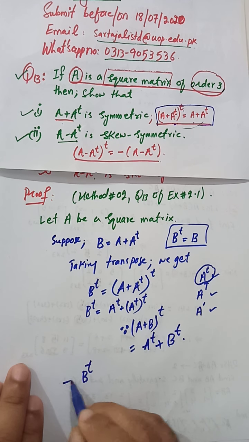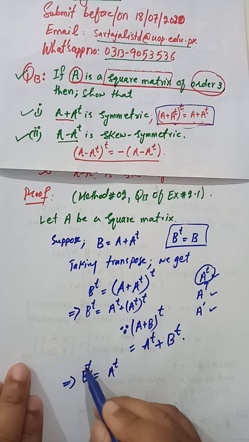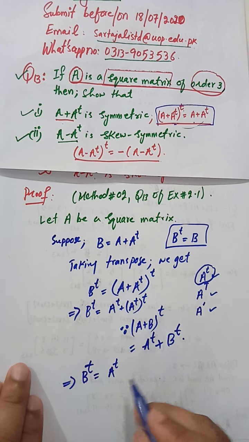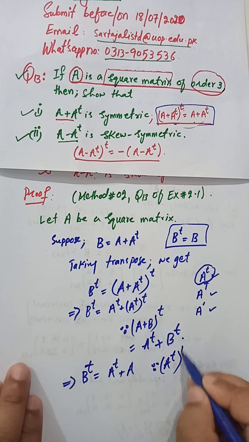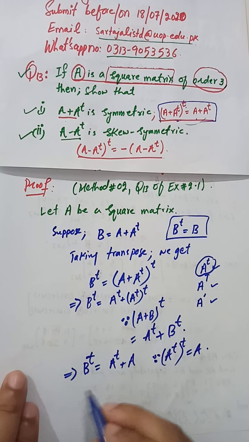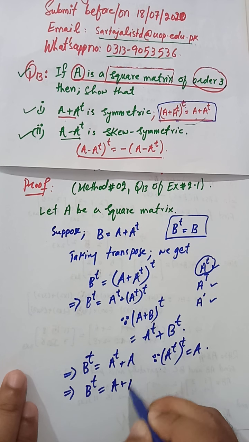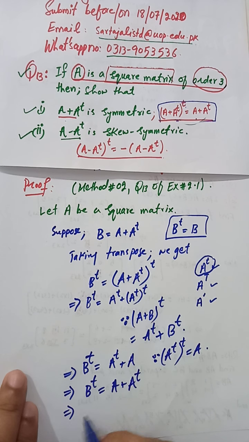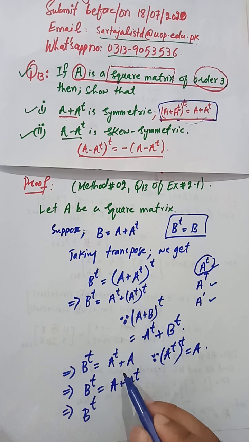So this implies that B transpose is equal to A transpose plus A transpose whole transpose, and you know that A transpose whole transpose is equal to A. So since A transpose whole transpose is equal to A, this can be written as A plus A transpose.